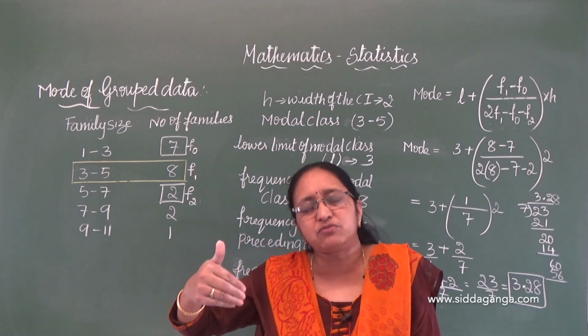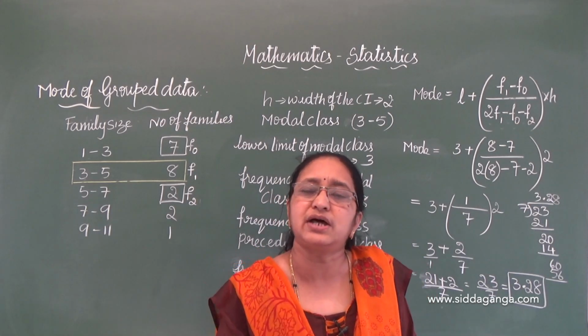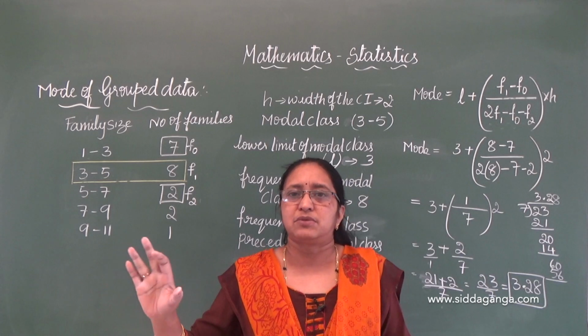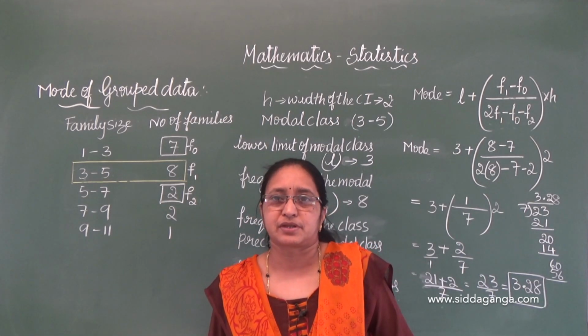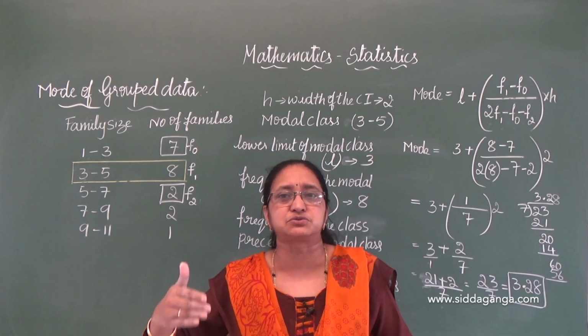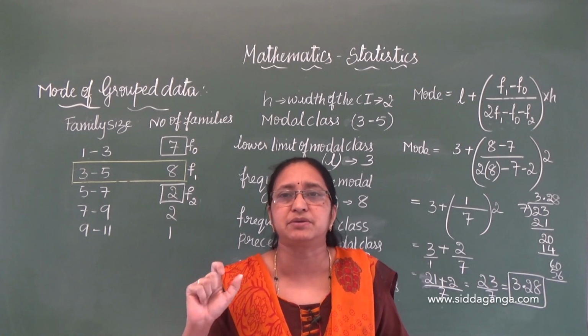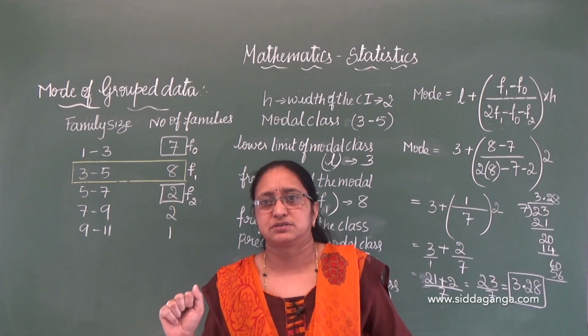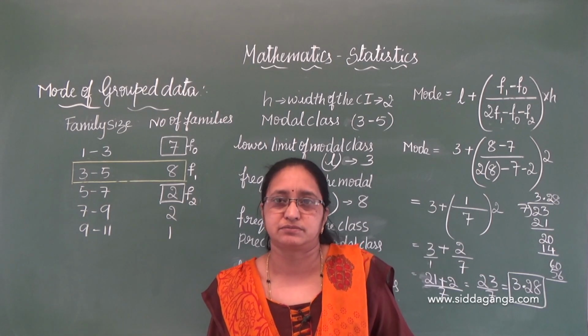When the classroom is there and I want to know the average marks obtained by the students, I am going to take the mean. Suppose I want to know what marks the maximum number of students have scored, then I have to calculate the mode.